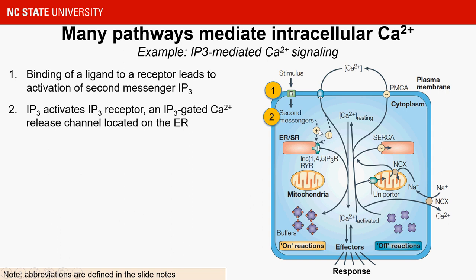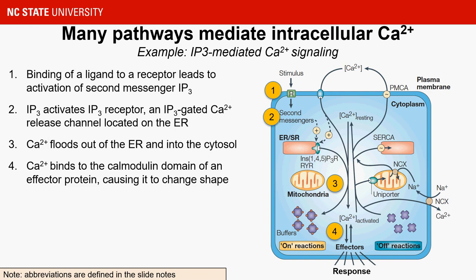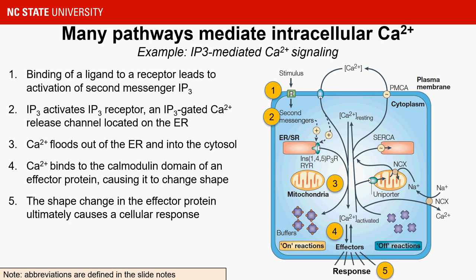Then the IP3 activates the IP3 receptor located on the ER, which induces IP3 gated calcium release, so the calcium flows out of the ER and into the cytosol. The calcium combines with the calmodulin domain of an effector protein, causing it to change its shape, and the shape change of the effector protein ultimately causes a cellular response.